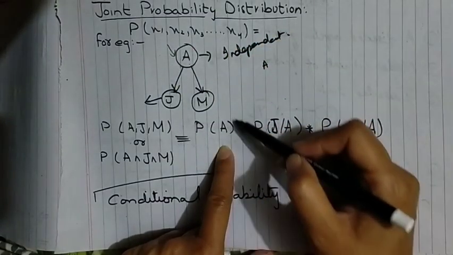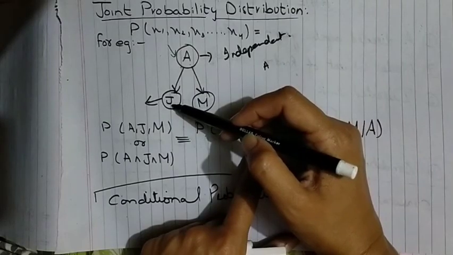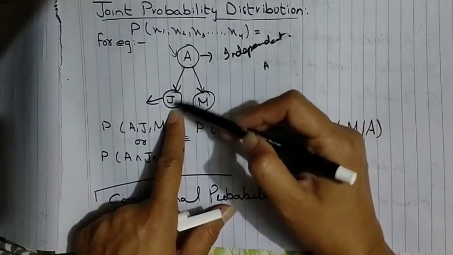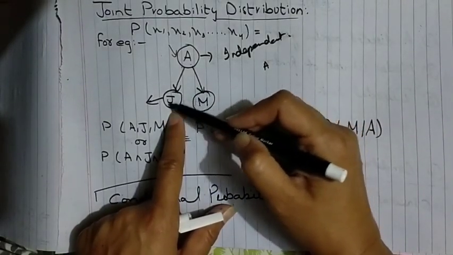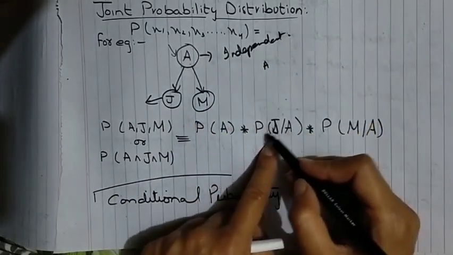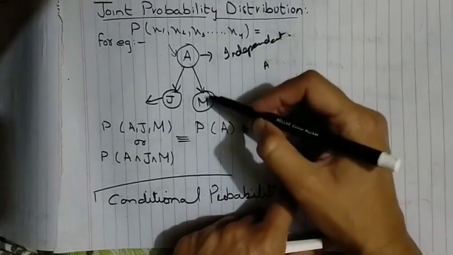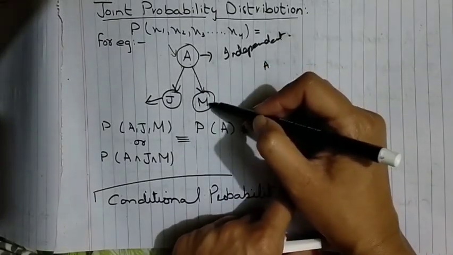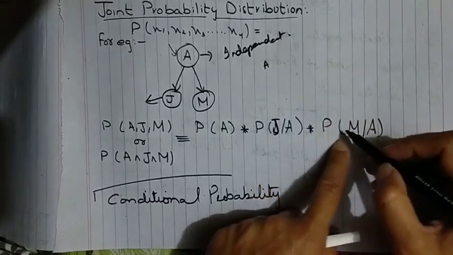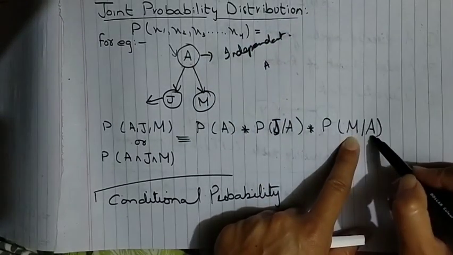So it is the probability of a multiplied with the probability of j. Now the occurrence of node j depends upon node a, so that would be written as the probability of j given a. The same is the case for node m, which is multiplied with the probability of m given a. So here it is.